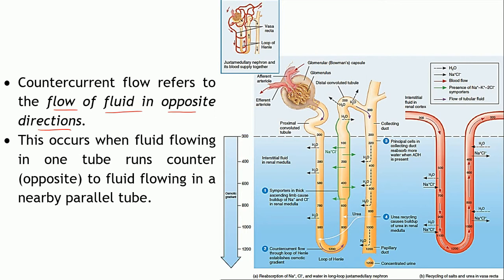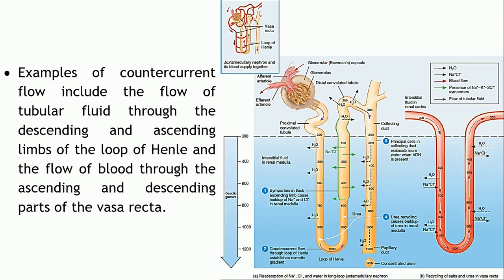Now when 2 tubes run counter to each other, the fluid flowing through these 2 tubules must run in opposite directions. Now does it happen anywhere in the nephrons? Yes.